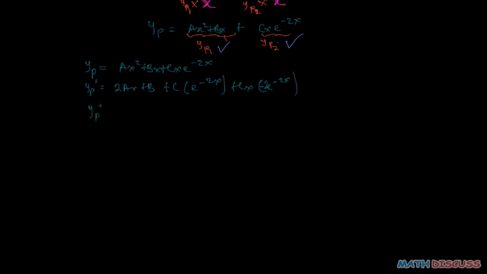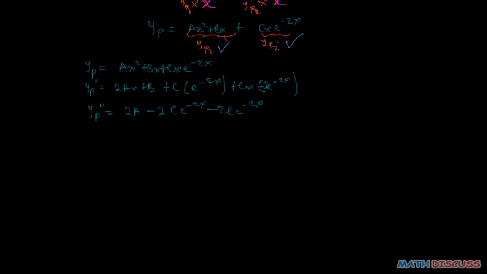Then we find the second derivative, y double prime, which is going to be 2a minus 2c e to the power negative 2x minus 2c e to the power negative 2x, plus, now I hope we've not skipped something here.